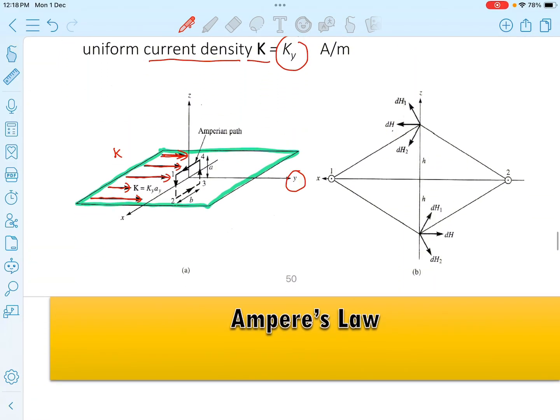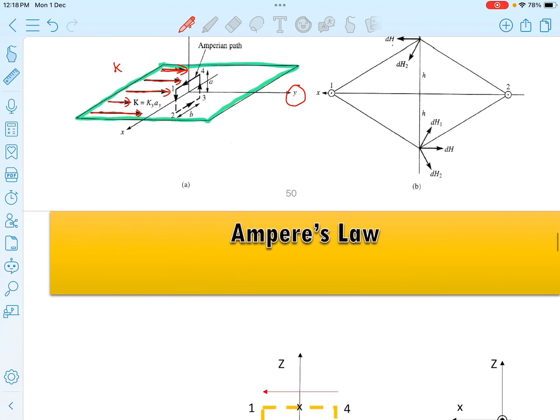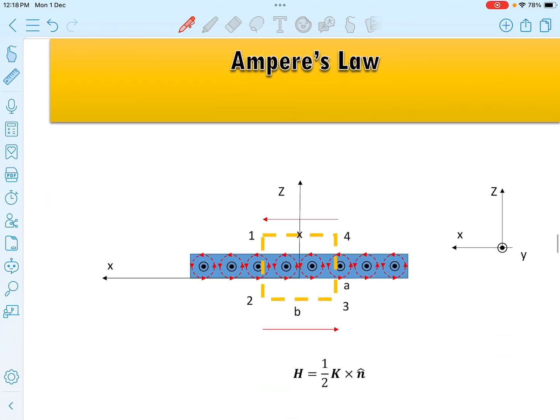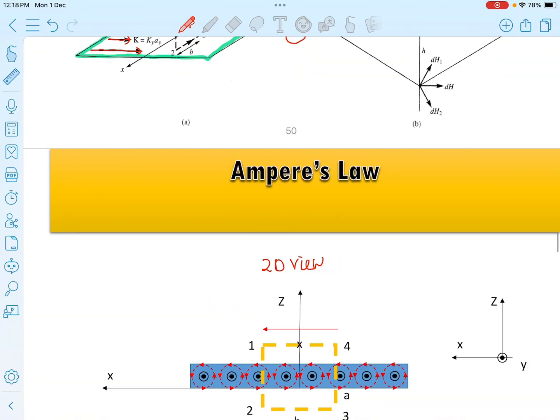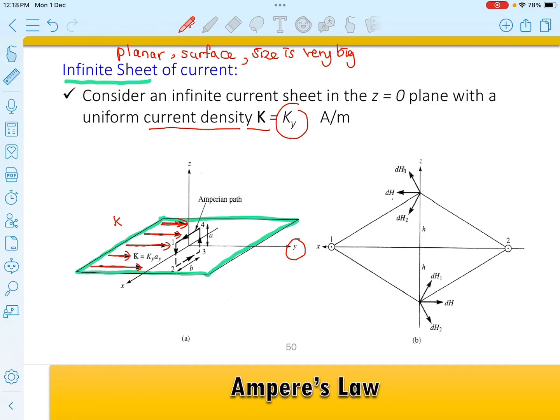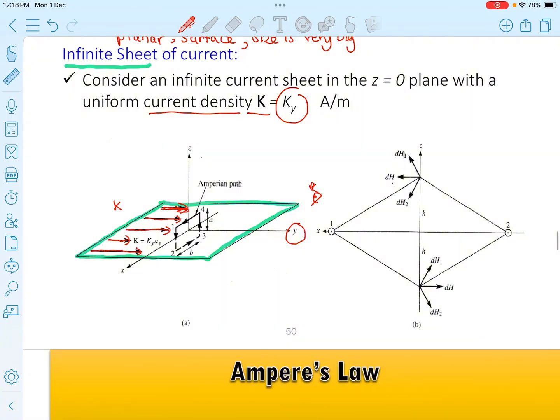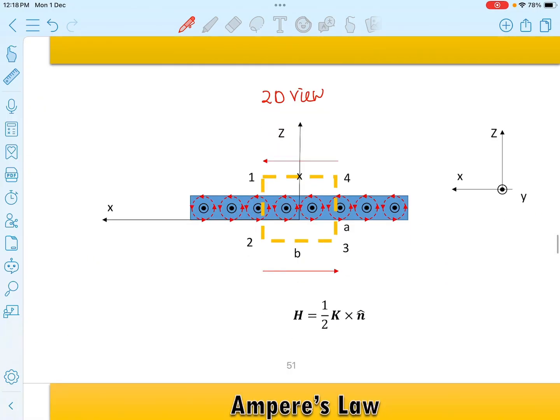If we draw this infinite planar in a 2D view, this is what you will see. Meaning that you see this planar from here, you put yourself here. You can see that the current is coming to you. That's why over here we are using this symbol. The current is coming out.